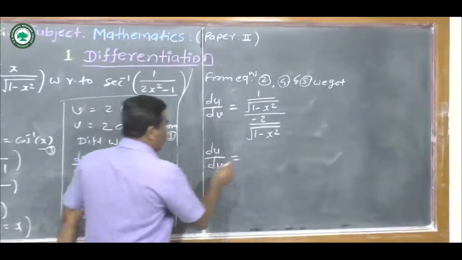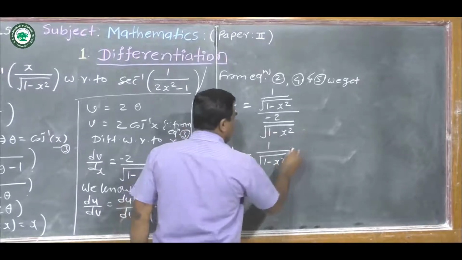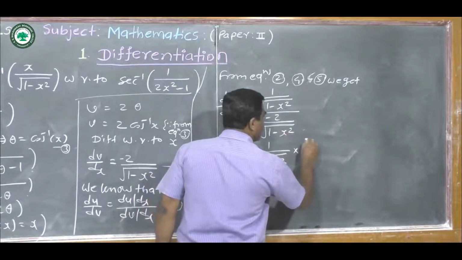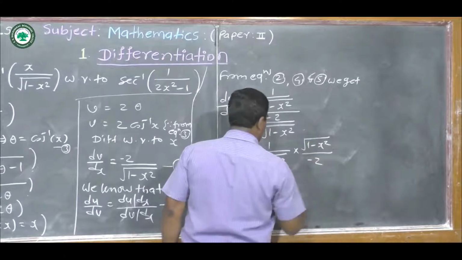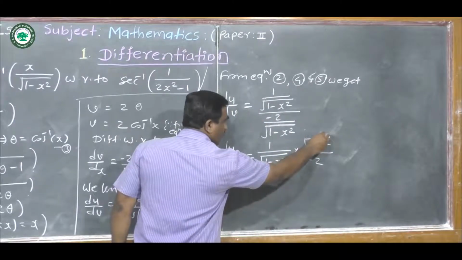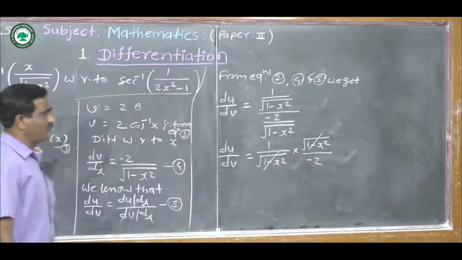1 upon under root 1 minus x square into the reciprocal of this term, under root 1 minus x square upon minus 2. Now under root 1 minus x square upon under root 1 minus x square cancel.